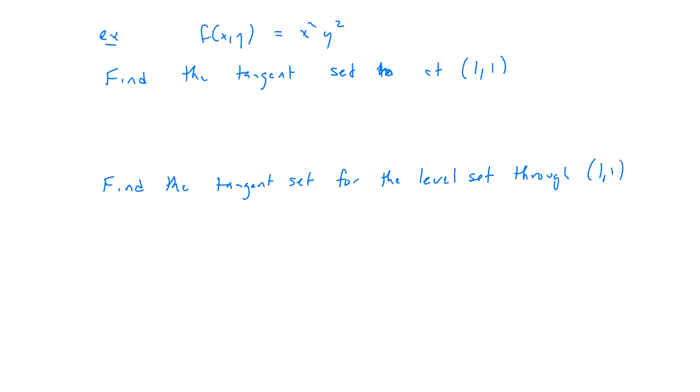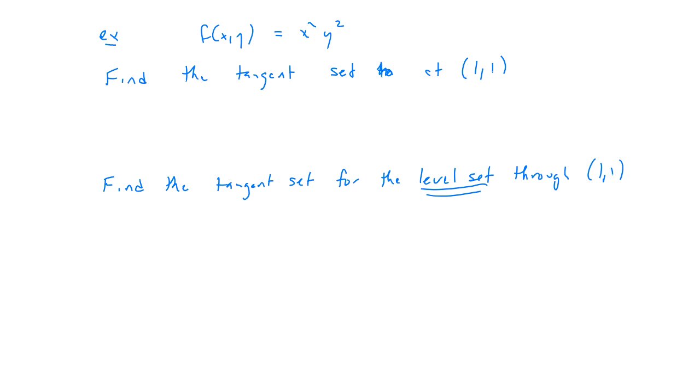So if you look at the language, what it's saying is when I ask just for the tangent set at the point 1, 1, I'm just saying I have this three-dimensional picture, z is equal to x squared, y squared, whatever that looks like, and I want to find the tangent thing at 1, 1. What the level set terminology is telling me is, no, I'm not doing just that.